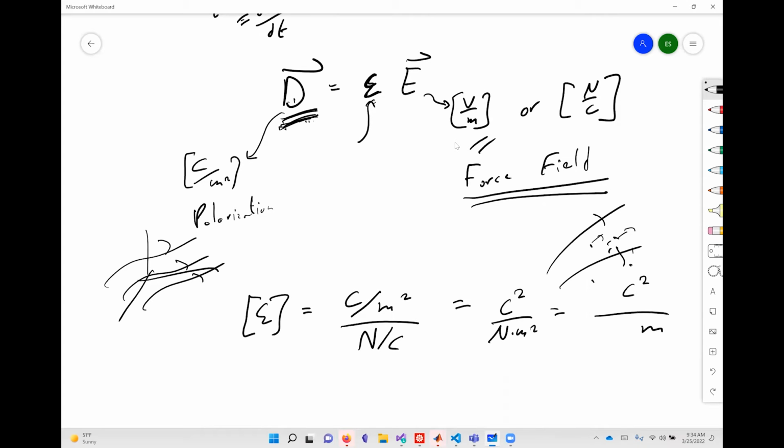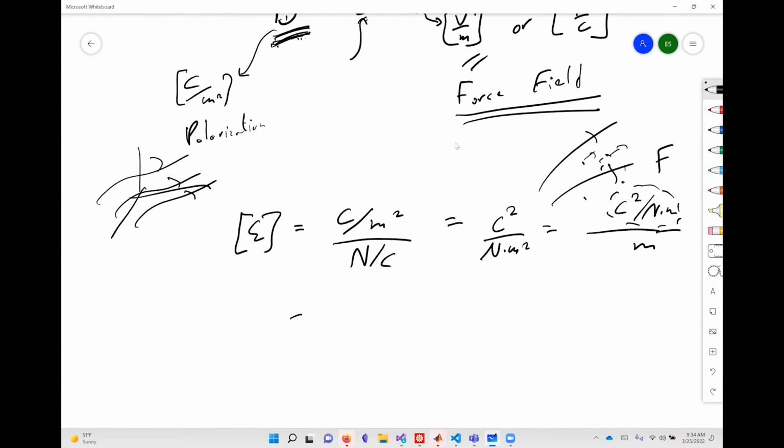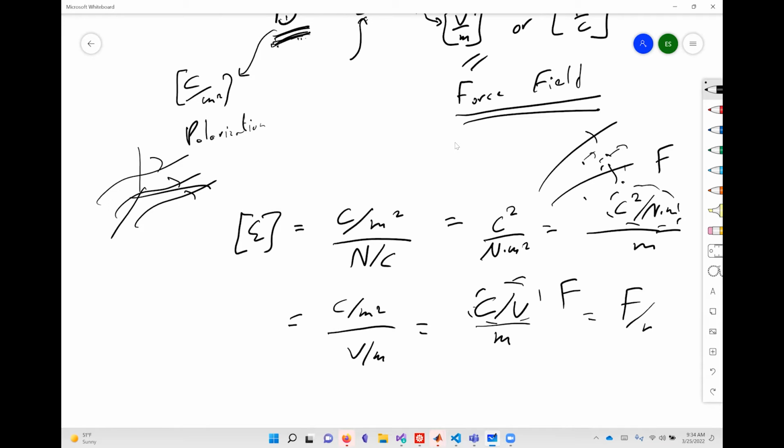We have Coulomb squared, and then early on, rather arbitrarily, we said, take this bunch of units and call those farad. Or we can use our new voltage units, which is Coulomb per meter squared over volt per meter. So this gives me Coulomb over volt, meter cancels meters, becomes meter. And this also is going to be farad. So this equals farad per meter.